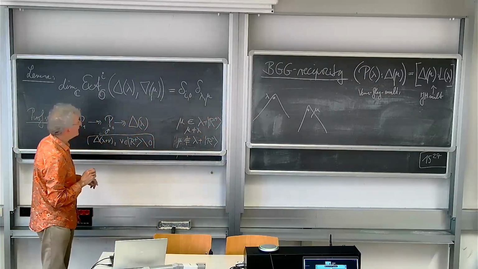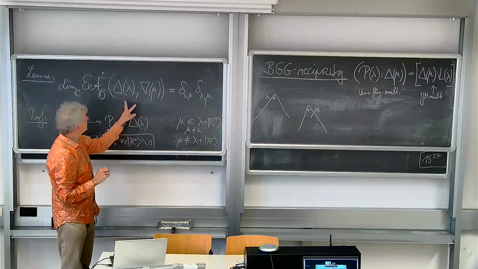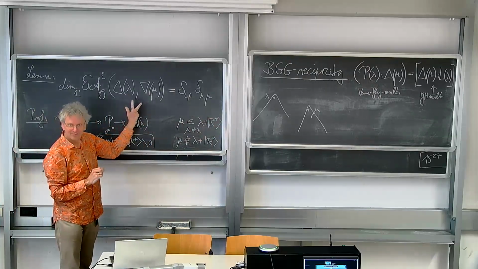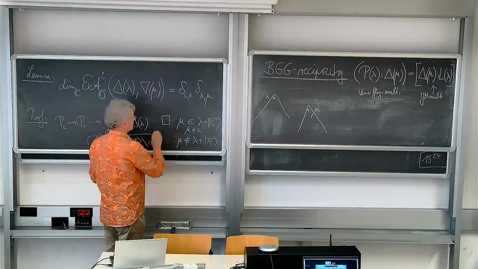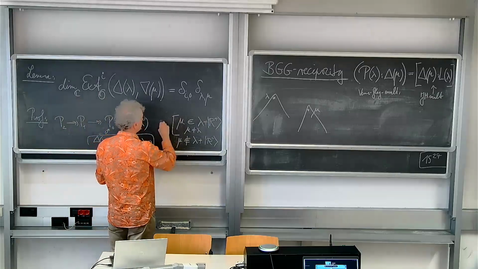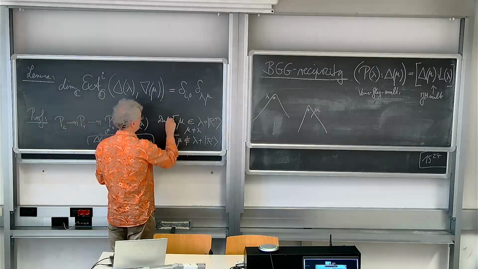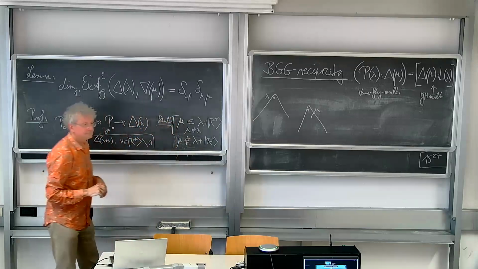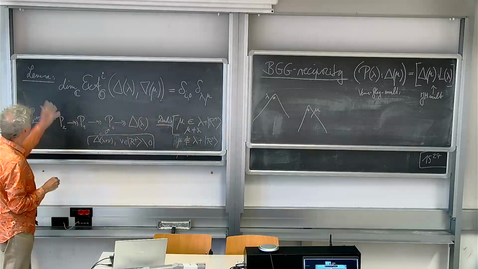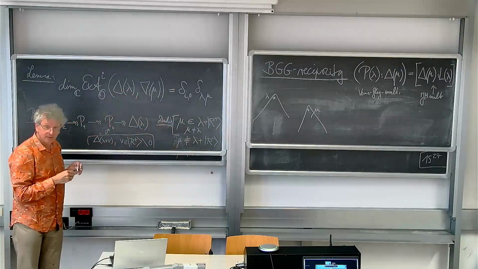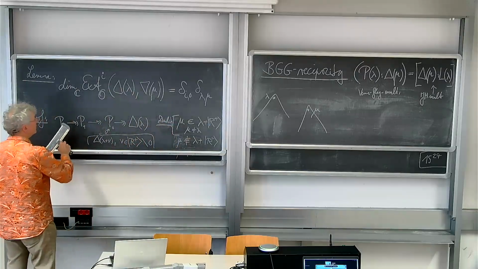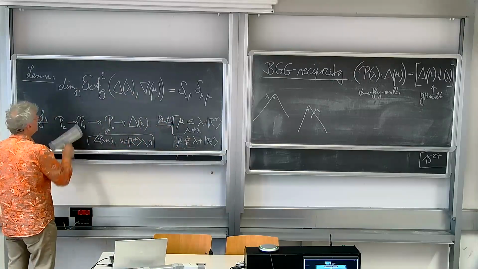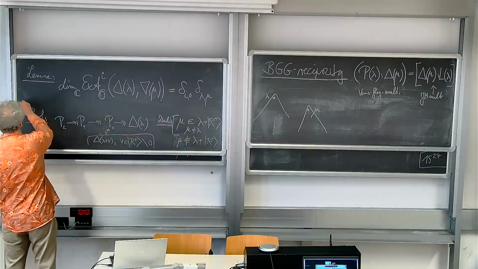Well, in this case, we take the dual. We have this functor of duality, and then we are safe again. So there's just no Ext between these guys. Okay. So this is a useful statement.